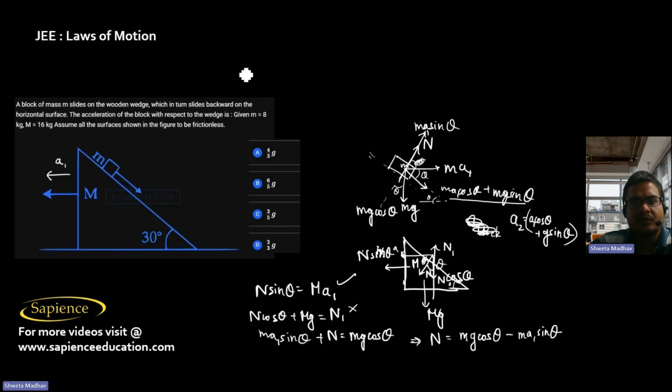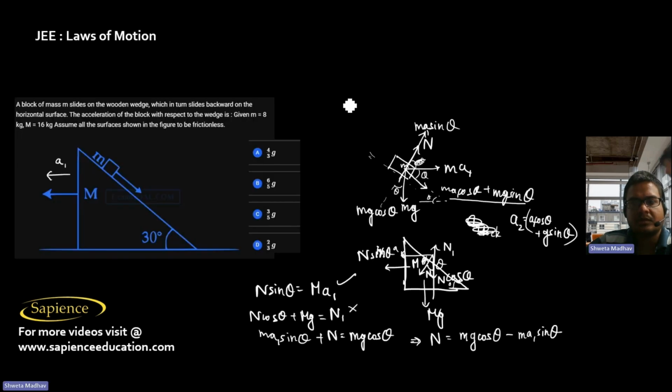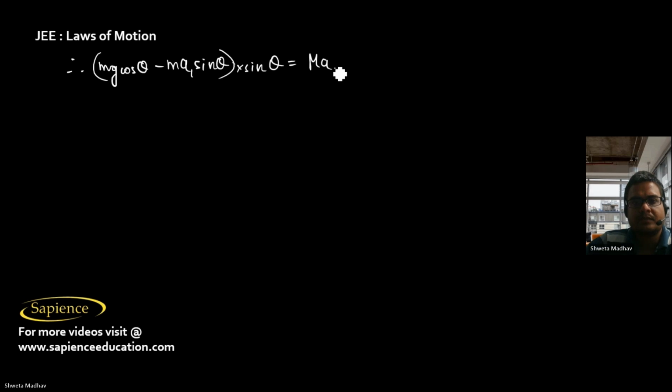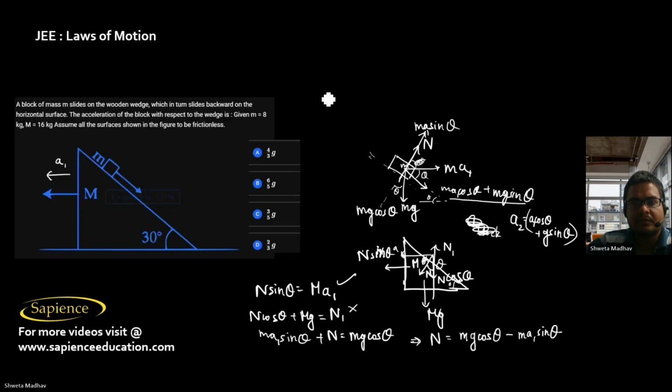Okay, so now N is equal to mg cos theta minus ma1 sin theta. N into sin theta is equal to ma1. So from here a1 we can find out, and a2 has been asked.